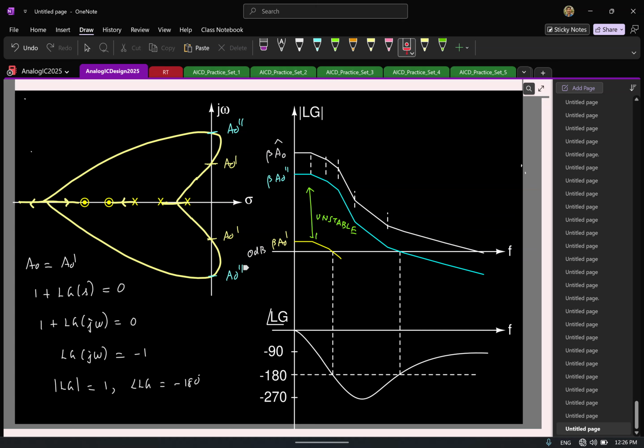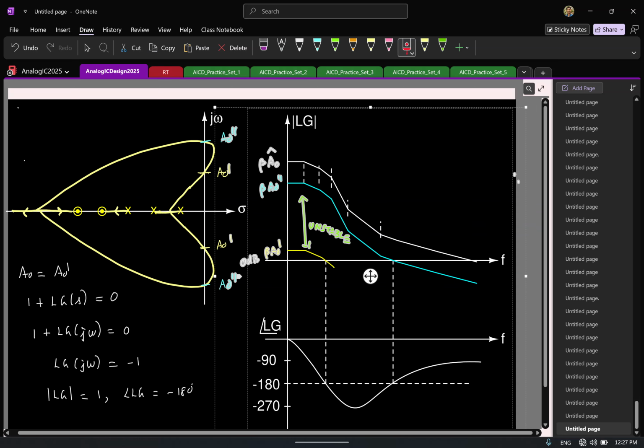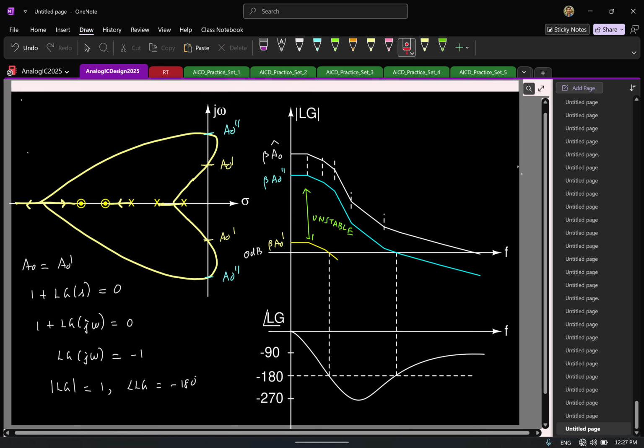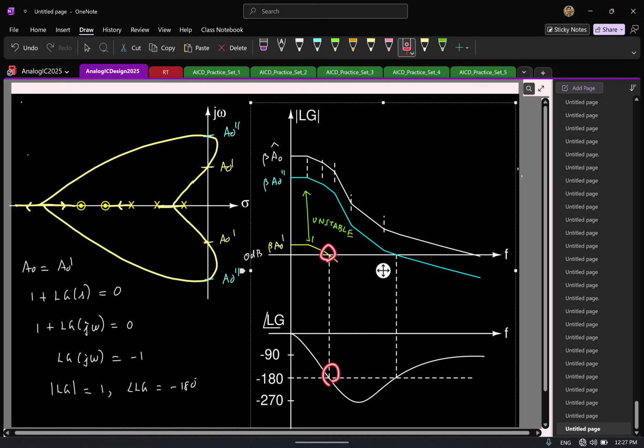So these are the edges for me. A0 prime and A0 double prime are the edges for me. Below this or after this I am safe. In between is where I am unstable.